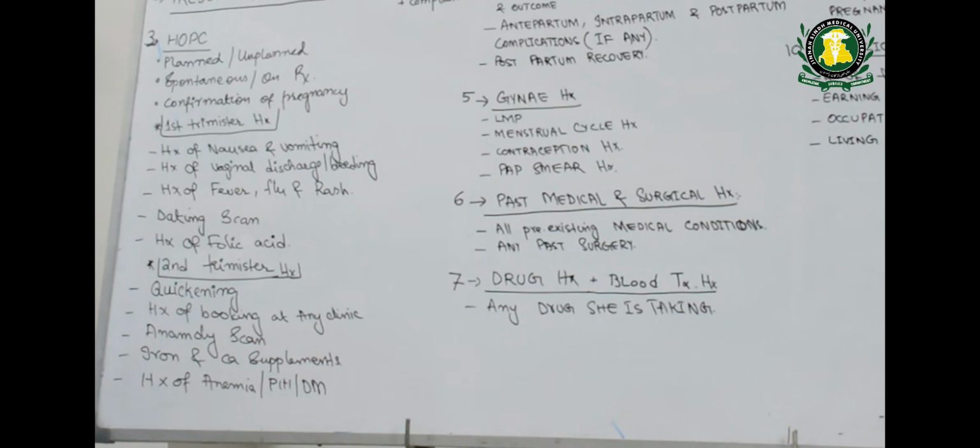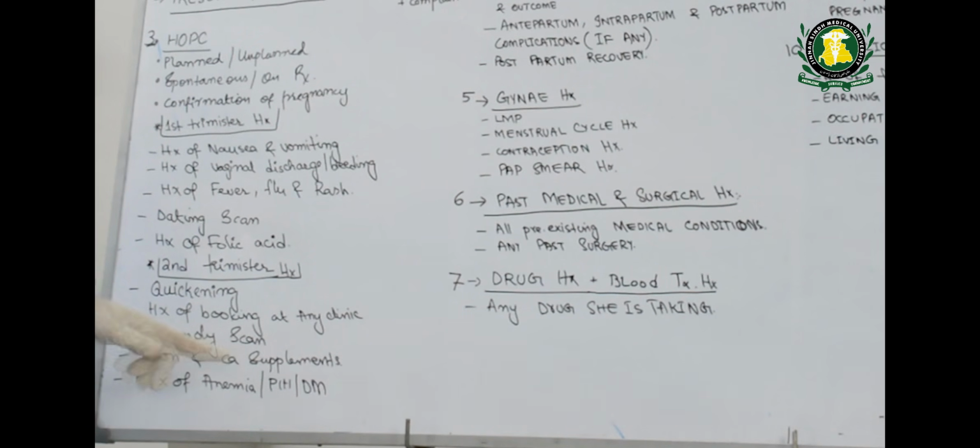And after that, to rule out the cause, we will ask about the conditions which cause anemia, like what is her dietary intake, whether she took leafy vegetables or meat or not, and patients can also have pica, that is consumption of non-nutritional foods, so we have to inquire about this, or whether she is suffering from any chronic diseases like chronic kidney disease and chronic liver disease or any hemoglobinopathies. These all should be inquired for the anemia.